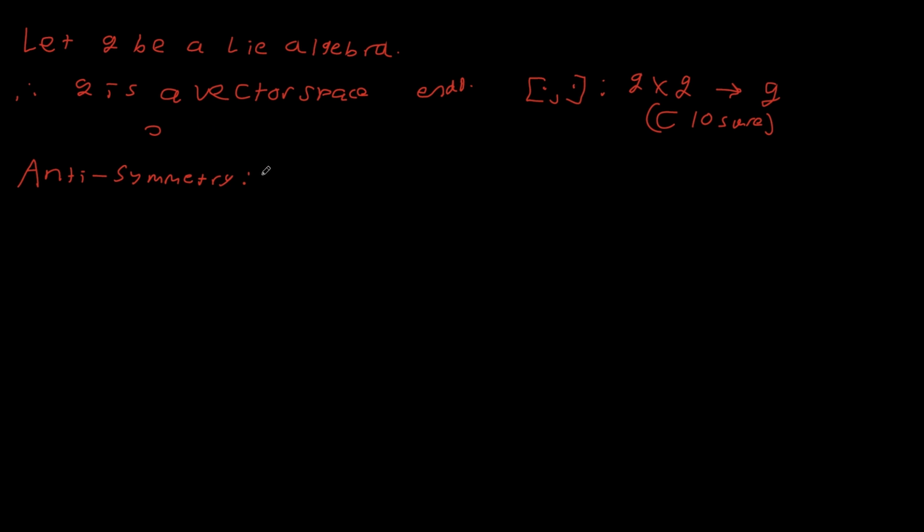Let's say we have two elements x, y that are in our Lie algebra G. What this means is that if we put these elements x, y into our Lie bracket, then if we switch those elements around, we're actually going to get the negative of that. So this is anti-symmetry. You're probably used to symmetry a lot in a lot of systems, and that means that they're the same if you swap them around. In this case, you're going to have a negative if you swap them around.